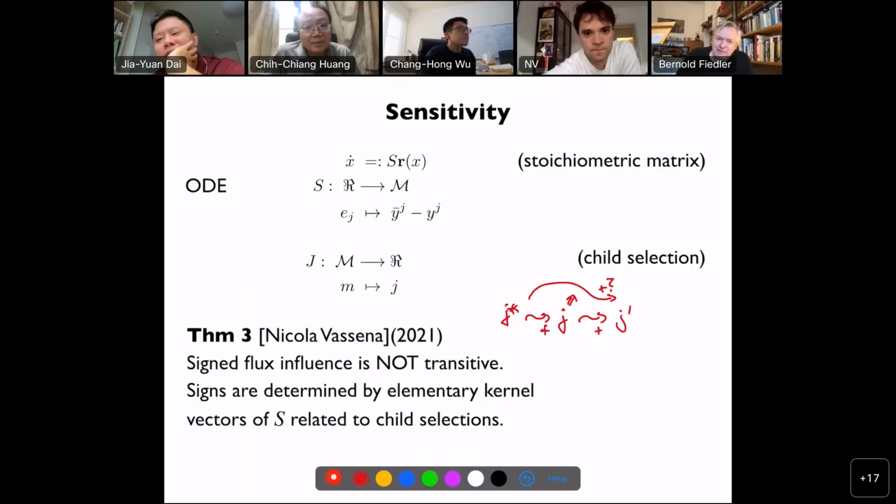Therefore, there is no hope to salvage that. Nico, is it true that for some parameter regions you get a plus and for other parameter regions you get a minus? It depends on the examples. It may be possible in one example, but you can also have examples where you always have the wrong sign.